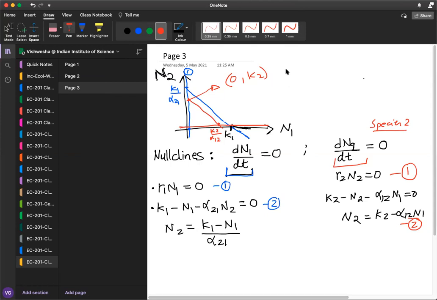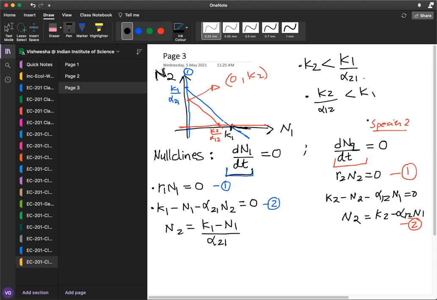While drawing this, I have made two assumptions. The first assumption is that K2 is less than K1 by alpha 2, 1, because I wrote this below. The other assumption I made was that K2 divided by alpha 1, 2 is less than K1.